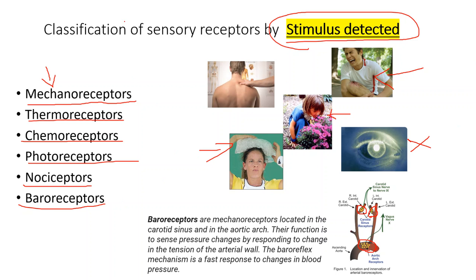Okay, so again, these are important. They are to be known. Okay, this is a classification of sensory receptors by stimulus detected. What kind of stimulus can be detected? And you know that these receptors are very specific. They can only sense a certain type of stimulus.